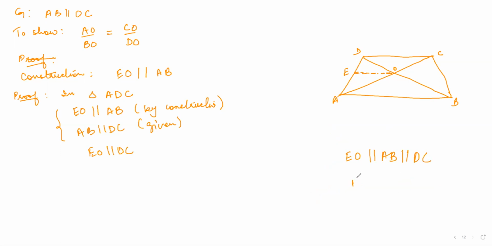I take only one, whether I take EO parallel to AB or EO parallel to DC. Okay, anyway, EO is parallel to AB. So from here, I conclude that EO is also parallel to DC. Is this okay?